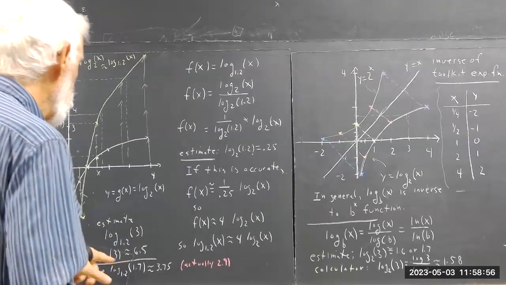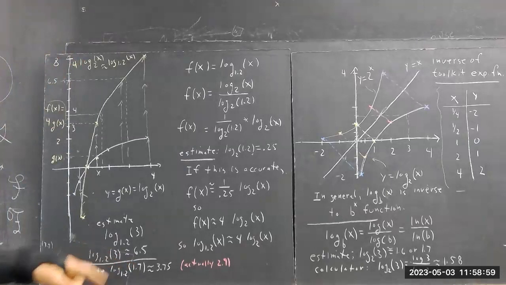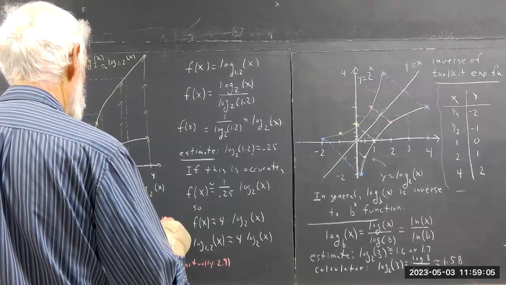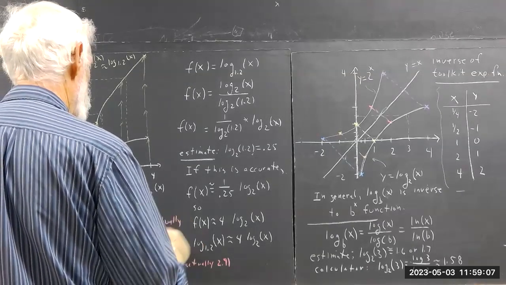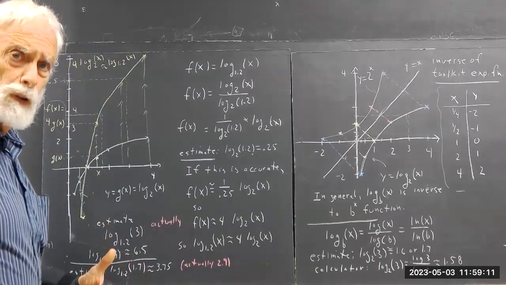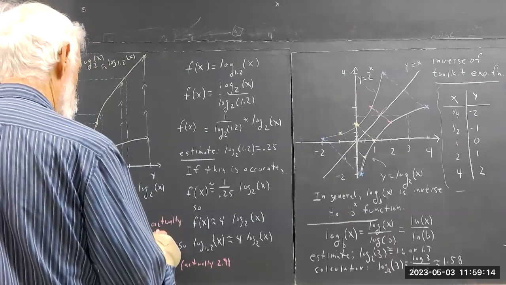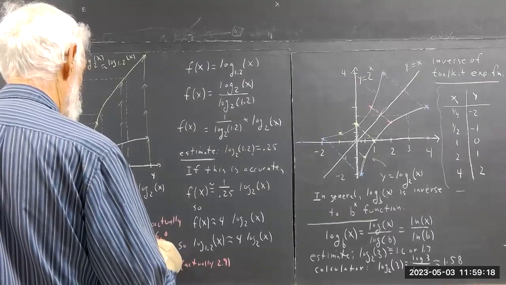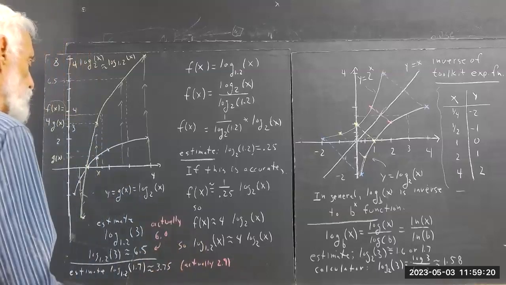Now, the 6.5 that we estimated for the log base 1.2 of 3, or that I estimated, was actually about 6.0, wasn't it? 6.0.